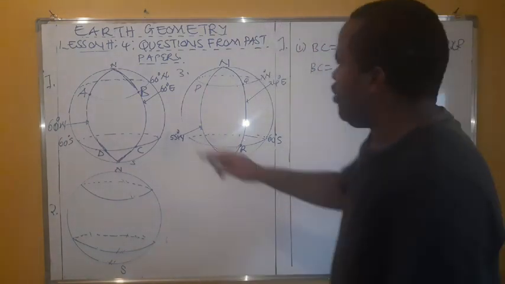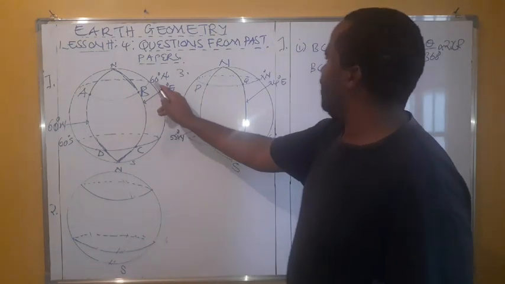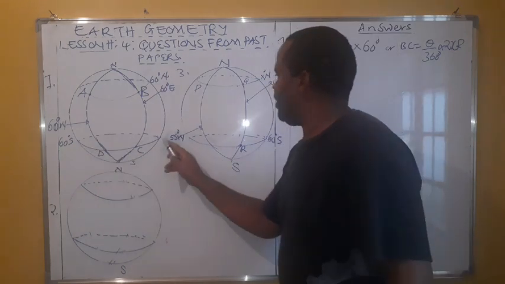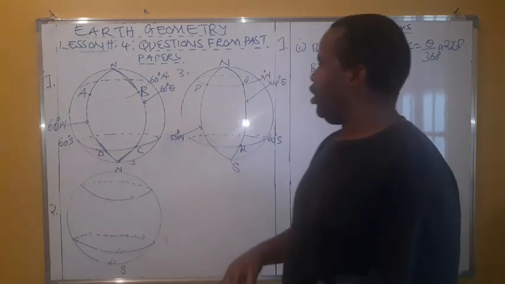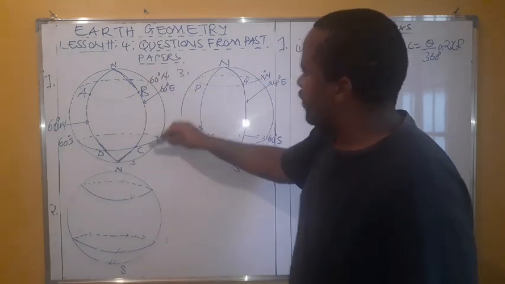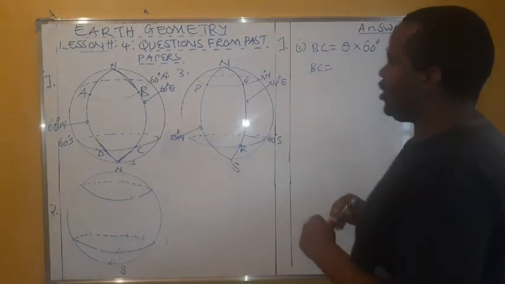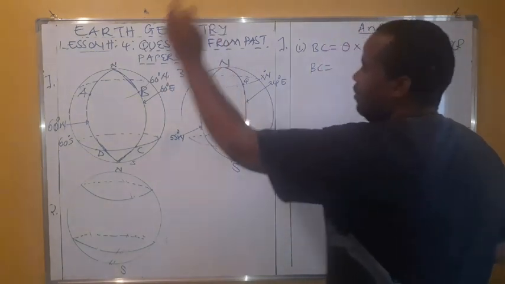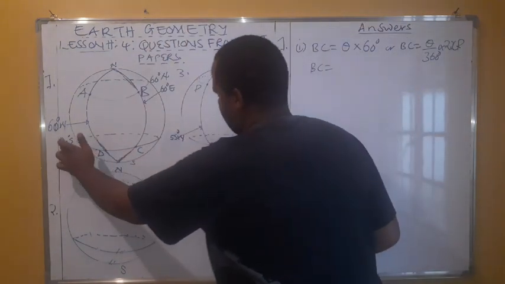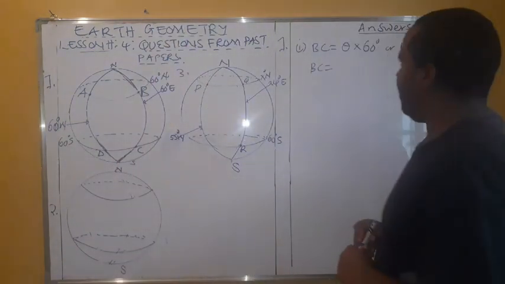The latitude for point B is 60 degrees north. The latitude for point C is 60 degrees south. The difference in latitude is found by adding because they're on different sides of the equator. So 60 degrees north plus 60 degrees south, 60 plus 60, we get 120.